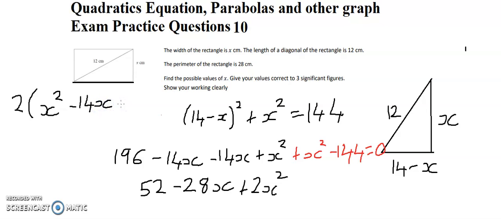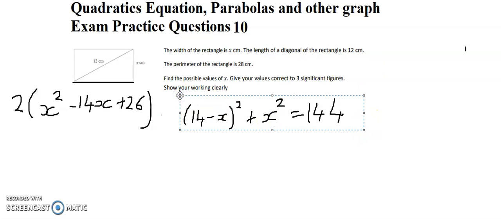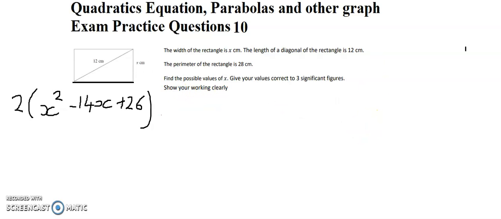And if I divide positive 52 by 2, I get 26. Now here we need to work out two numbers that multiply together to equal 26, but also add up to negative 14.